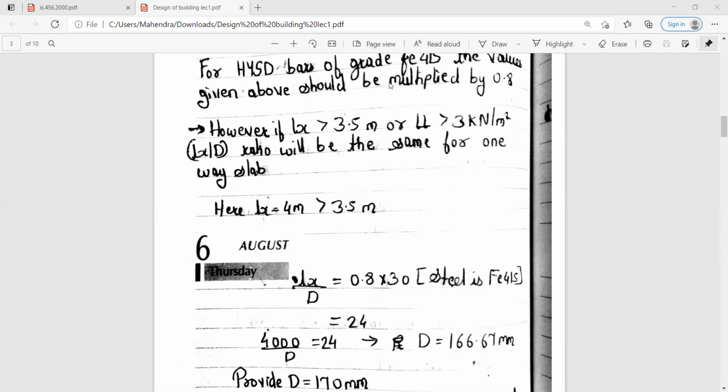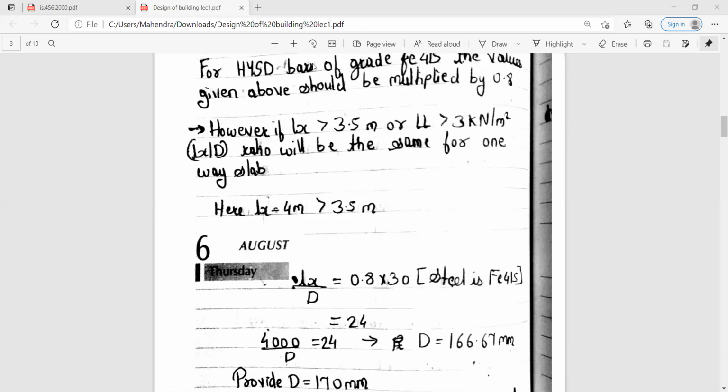I hope everyone understood up till here. If any doubts, you can ask. For FE 500, the condition is slightly different.